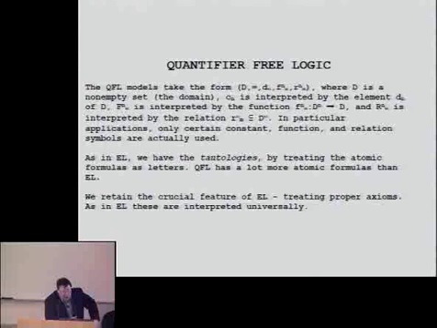All right, now in equational logic, we also have tautologies, by treating the atomic formulas now as letters. And remember, we have a lot more atomic formulas because we now have function symbols and constants. QFL has a lot more atomic formulas than EL, yes. We retain the crucial feature of equational logic, treating proper axioms. So as in equational logic, these are interpreted universally.